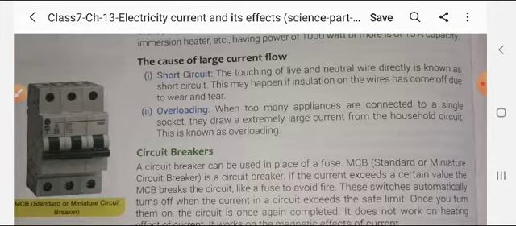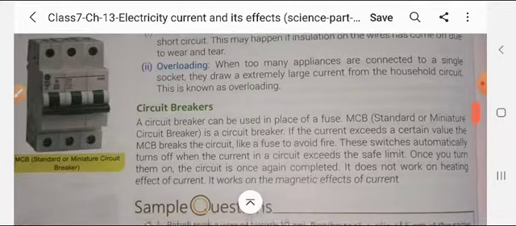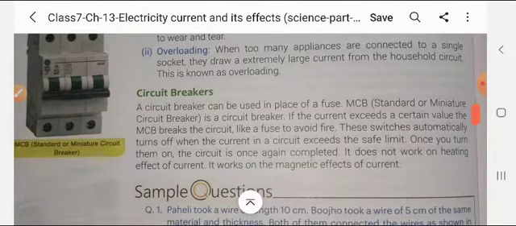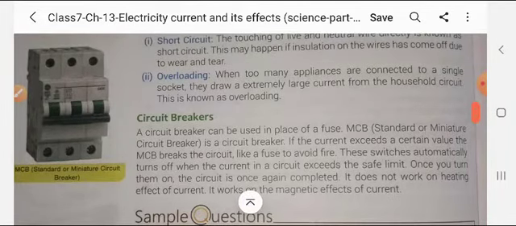Next, students, circuit breaker, the miniature circuit breaker. Nowadays in home electrical appliances, by the side of your main board, where the main cable comes in from the pole, the cable is inserted inside a circuit breaker called the miniature circuit breaker, MCB.